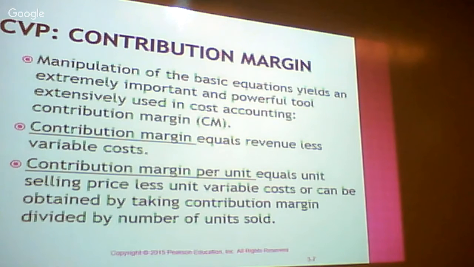I take the million minus the 500,000 and I get 500,000. Then I divide it by the number of units, which is 5,000. And so my contribution margin per unit is 100. Okay. Does everybody see how we got that? That is something you need to know and understand how to do, because we'll be doing that a lot in this class. Okay? Any questions on that?